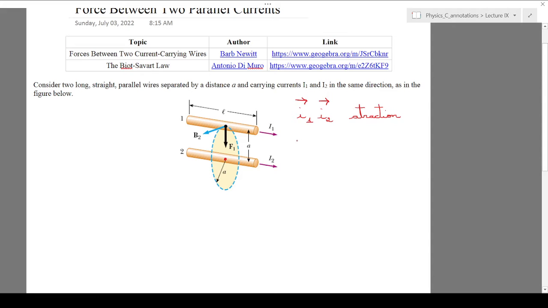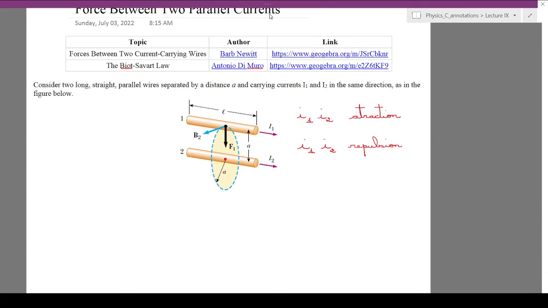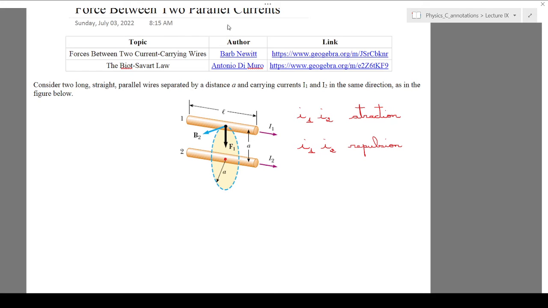And if these currents, I sub 2, have opposite direction, then this is repulsion. For example, this one goes like this, and the other one like this.